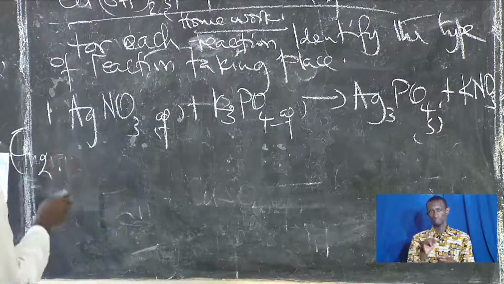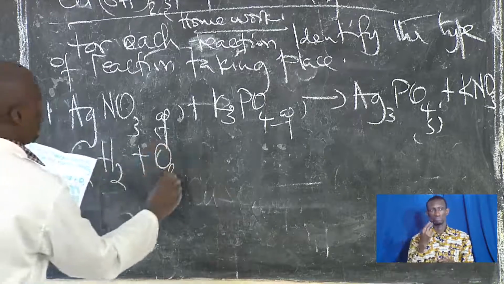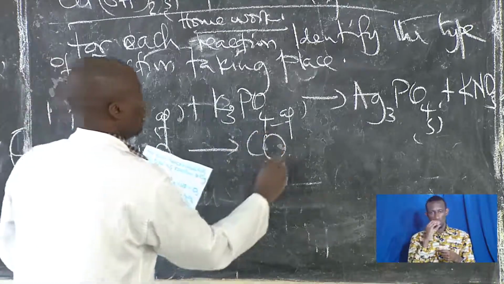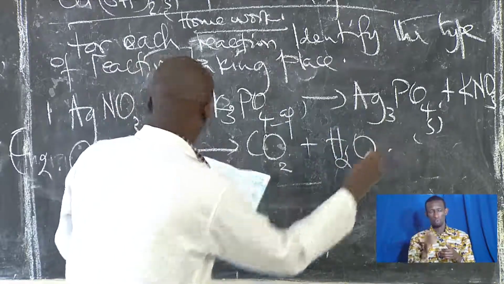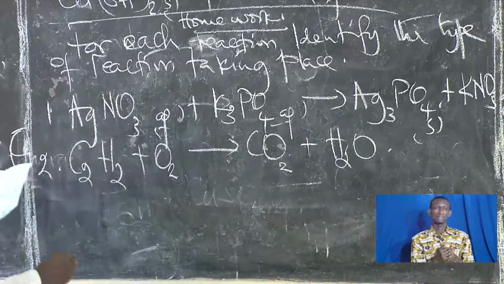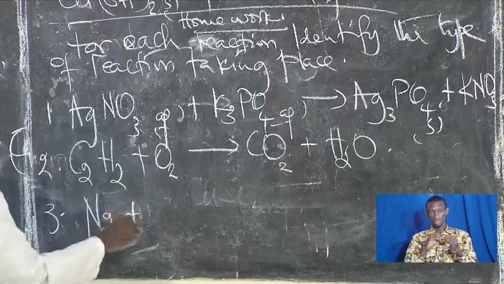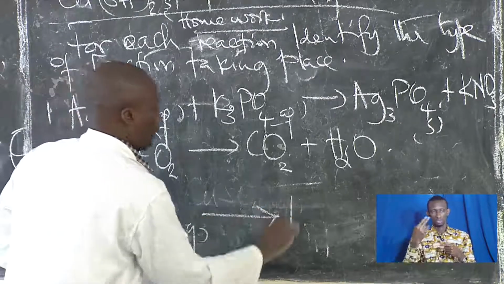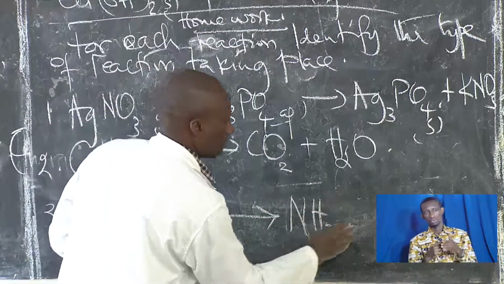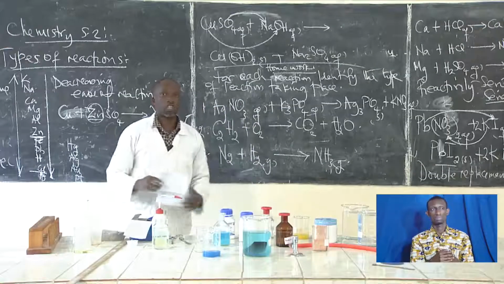Number 2, have C2H2 plus oxygen. That gives carbon dioxide and water. Number 3, nitrogen and hydrogen, giving ammonia gas.